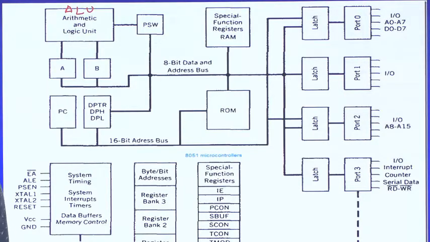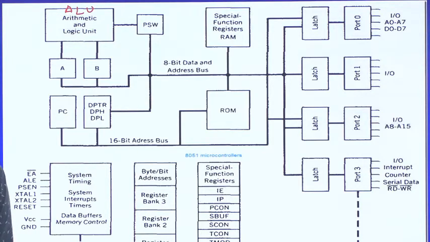The maximum size of an operand, or of data, for these operations by the ALU is 8 bits. That's why in the last class I clearly told you that the word length of this controller is 8 bits. That means it can process 8 bits at a time. That is related to ALU capacity. So here the ALU can do different arithmetic and logical operations on a maximum of 8 bits.